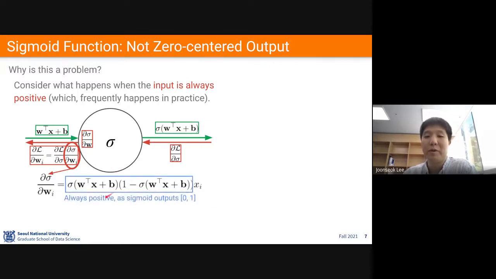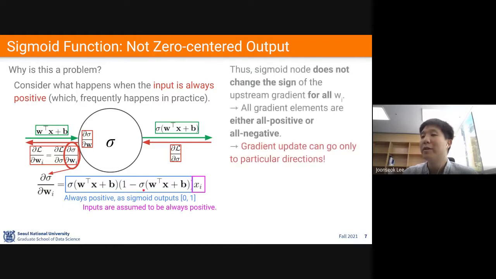Here, this part is always positive. Remember, the sigmoid function outputs between 0 and 1. So this can't be negative, it's always positive. And we assume that this input is always positive here, like pixel values. So this means this gradient is always positive for all of these i's. Why does that become a problem?